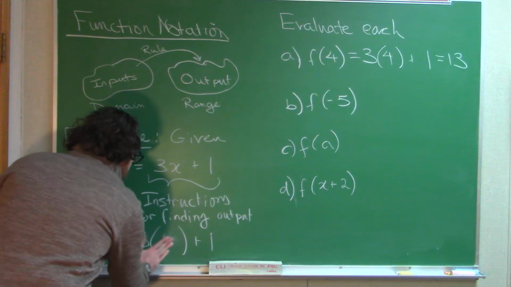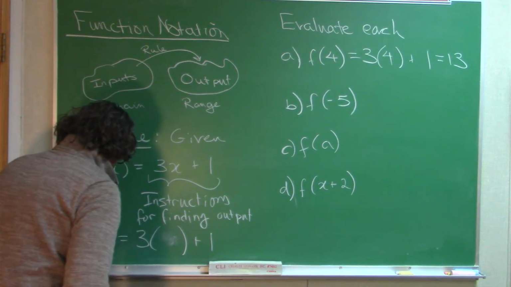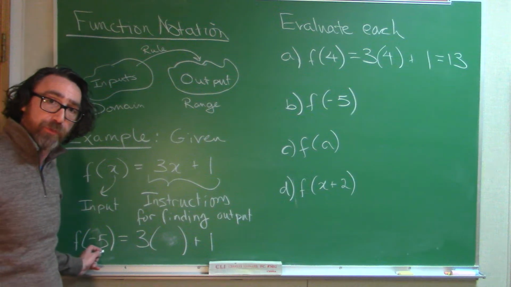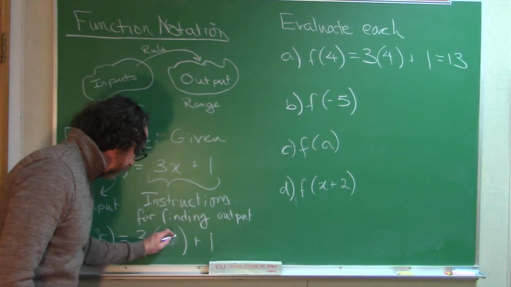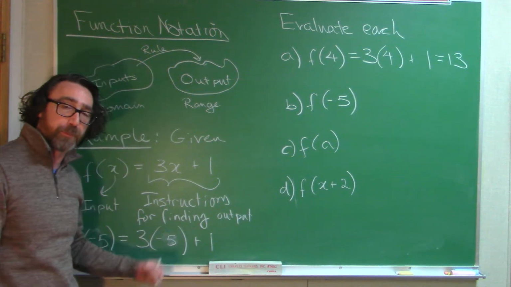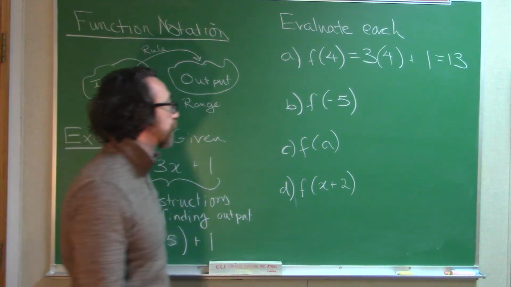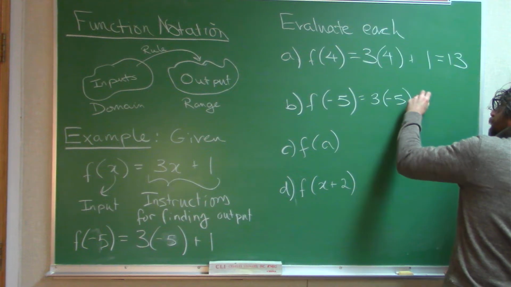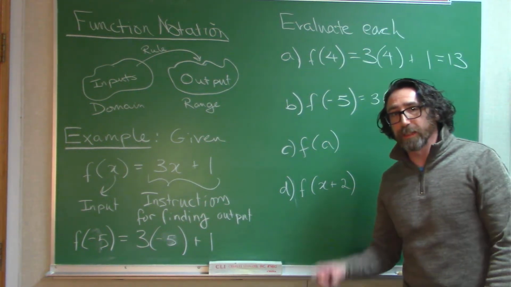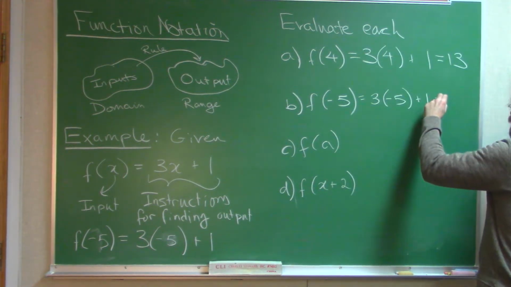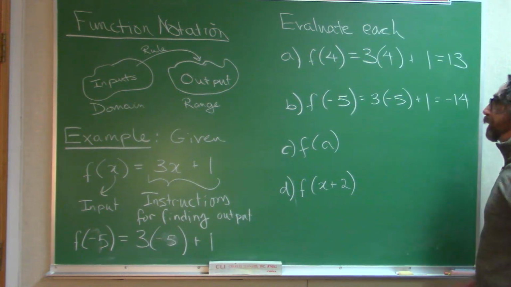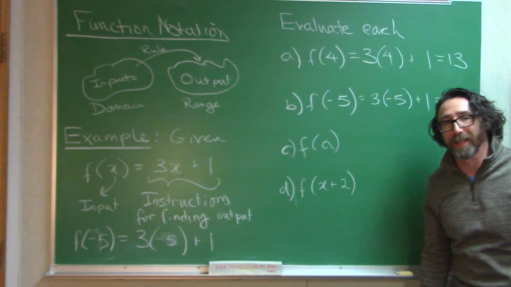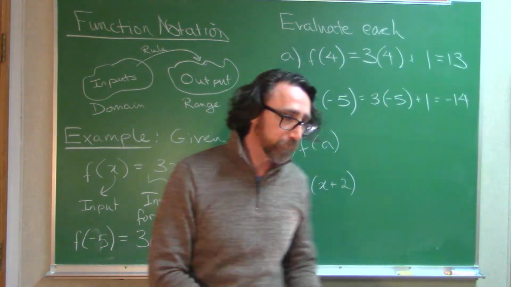If my input isn't 4, but -5, well, if I put a -5 over here on the left, I have to put a -5 in the blank on the right. So 3 times -5 is -15 plus the 1, looks like we got -14. So input -5 produces an output of -14.